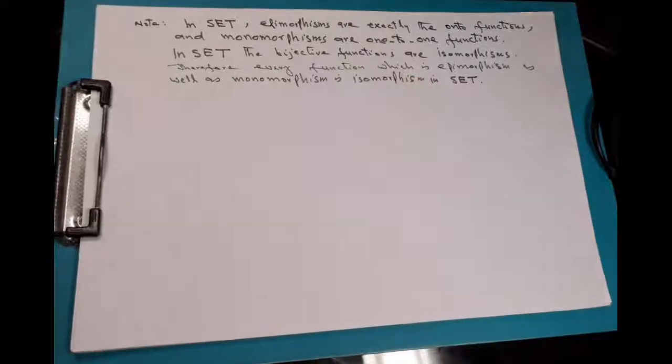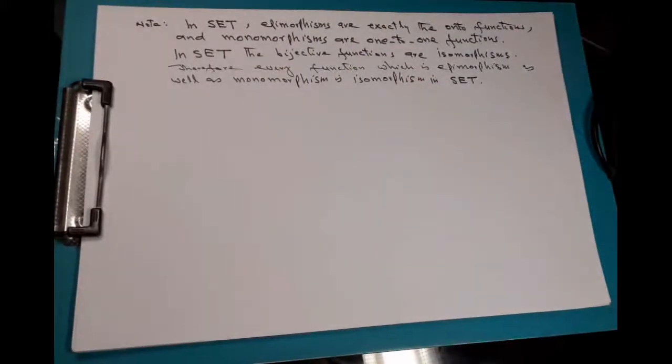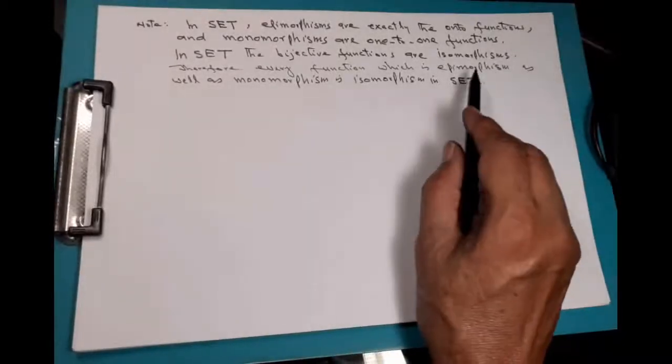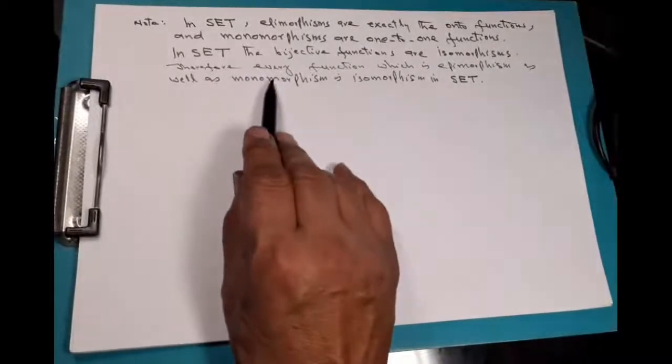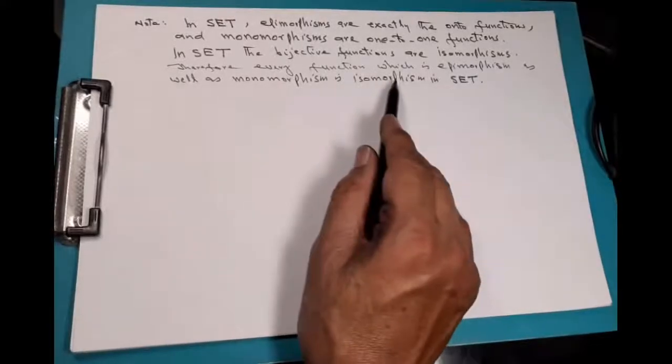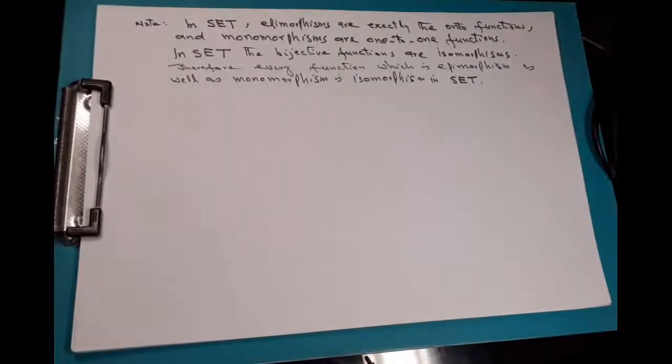I repeat it again. In the category of sets, every function which is an epimorphism as well as a monomorphism is an isomorphism. In the language of sets, we say that every function which is one-to-one and onto is a bijective function.